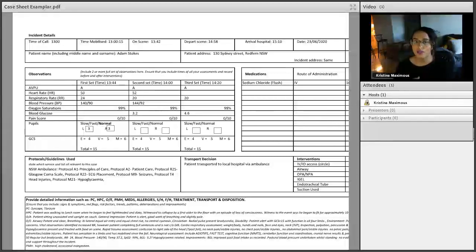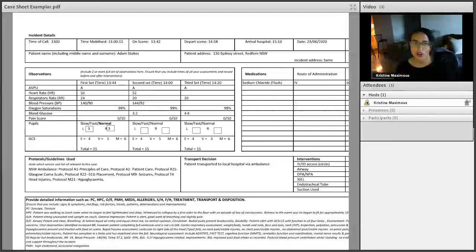And two, if any of your job goes to coroner, or anyone needs to look at it for further information regarding that job, because you might get a complaint or whatever it might be, then a lot can be said about the way that paramedics document. So it's important that you do thorough assessments and you document everything that you've done.